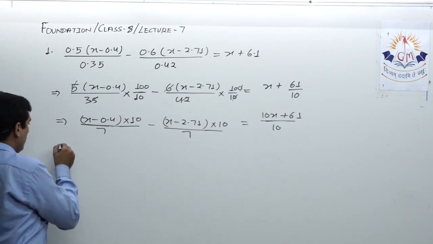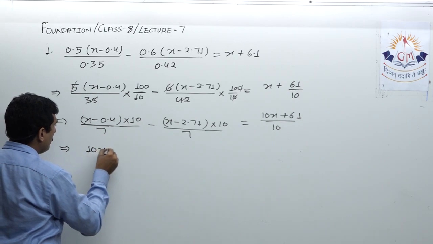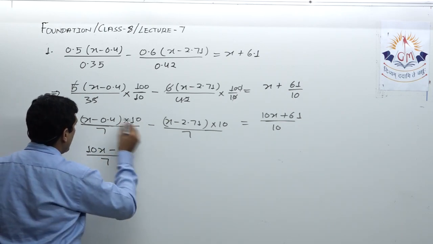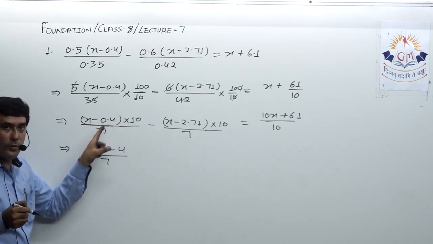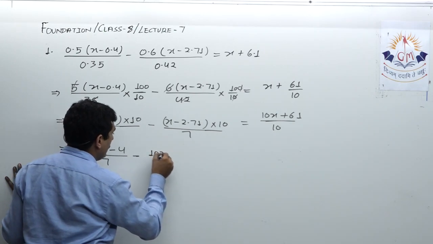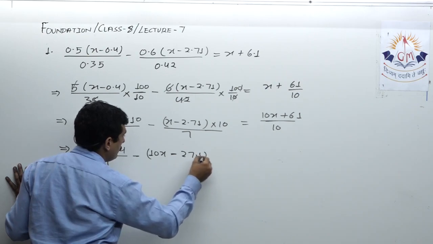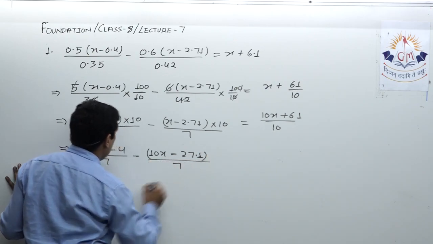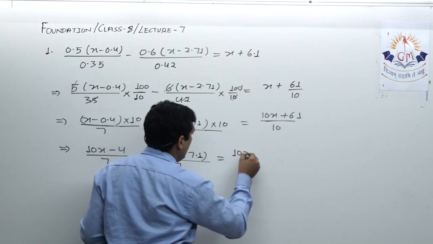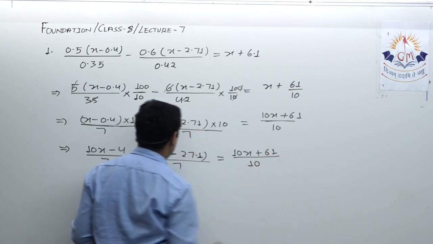Now on simplifying it further, I will multiply this, so here it is 10x minus 4 upon 7, 10x into 0.4 is 4, minus again here I get 10x minus 27.1 upon 7, denominator as it is, equal to 10x plus 61 upon 10.